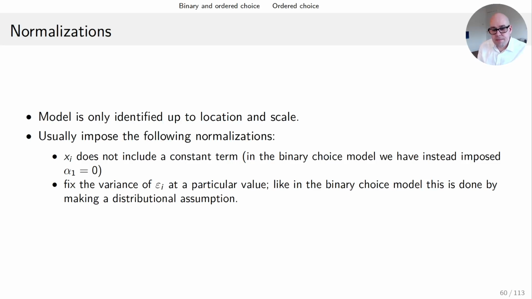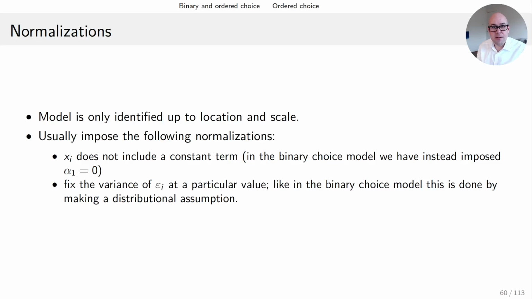Now let's think a little bit about normalizations. You might have noticed already that we didn't have these alphas floating around when we looked at the binary choice model, and also here we have actually in this one example set alpha 1 equal to 0.